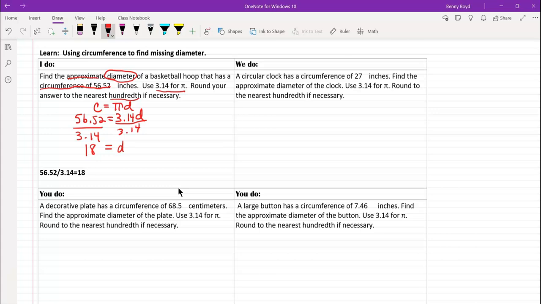So here the diameter is 18 inches. I encourage you to pause the video and write all that down.